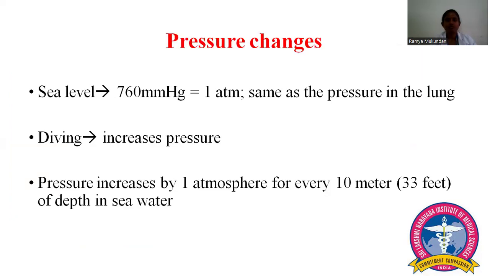First, before knowing all those changes, we should know what pressure changes happen under the sea. At the sea level, the pressure is around 760 millimeters of mercury, which equals 1 atmosphere, the same as the pressure in the lung. But what happens when we descend under the sea?